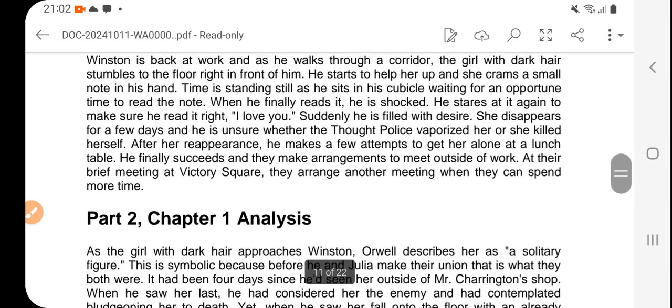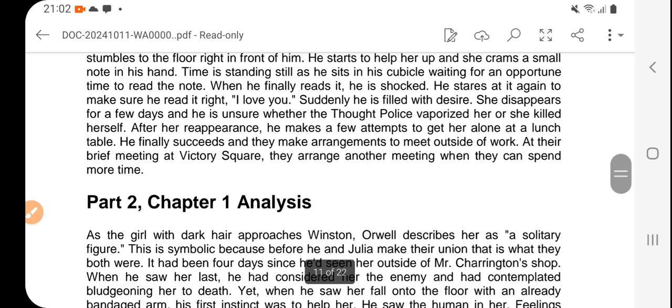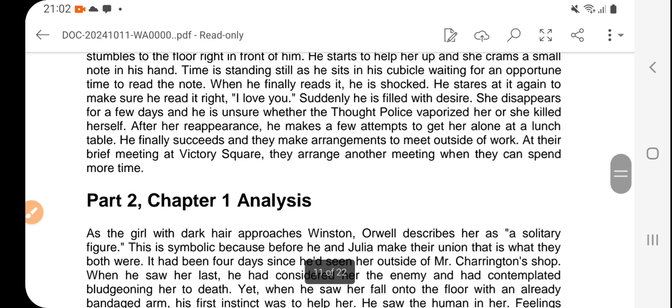Time stands still as he sits in his cubicle, waiting for an opportune time to read the note.